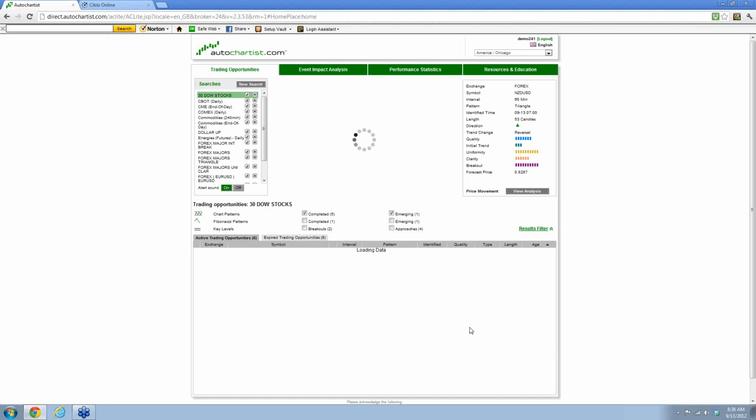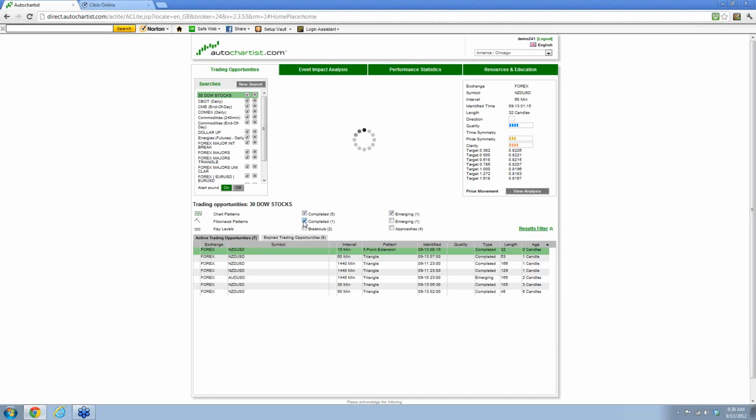So I try to look at every indicator that's available, chart patterns and emerging patterns also, populate my lists, and look for a common characteristic. If I'm getting a lot of completed patterns, that means I'm getting breakouts. If I'm getting a lot of emerging patterns, that's telling me I should prepare for volatility.